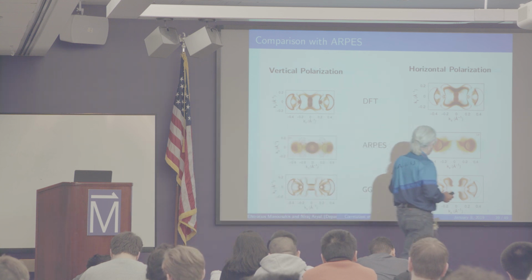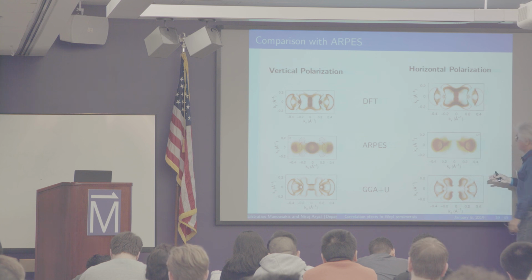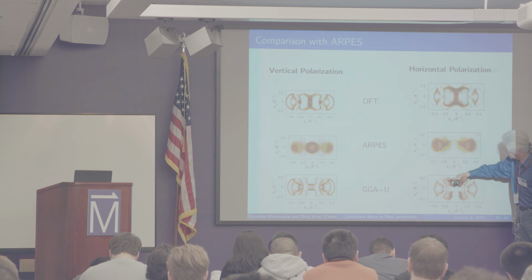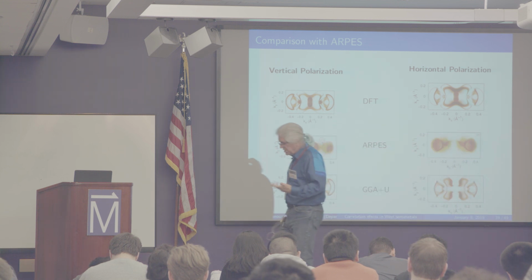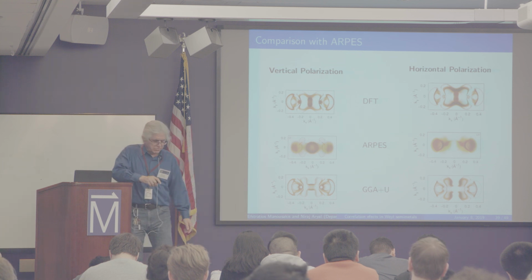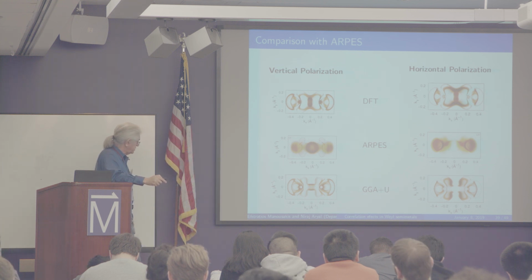On the other side, when you go to horizontal polarization, this becomes faint as it is in ARPES, and the ears become more visible. So maybe there is some truth to this back of the envelope calculation. And maybe Balikas is not so crazy.